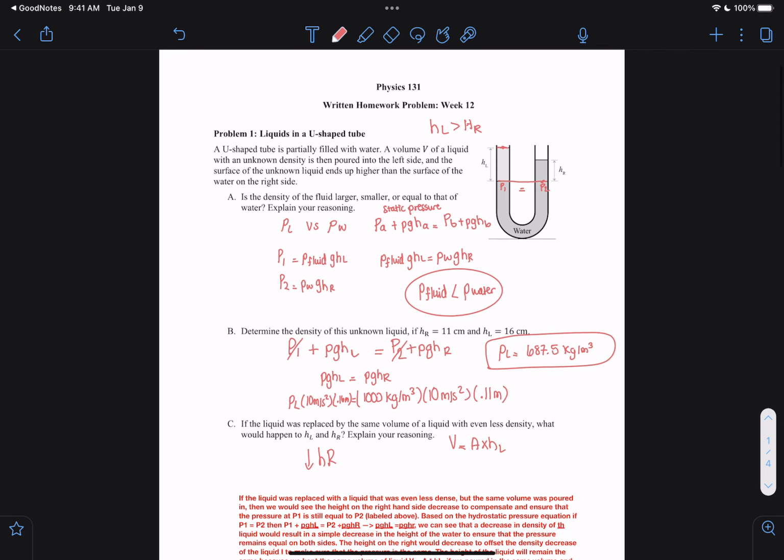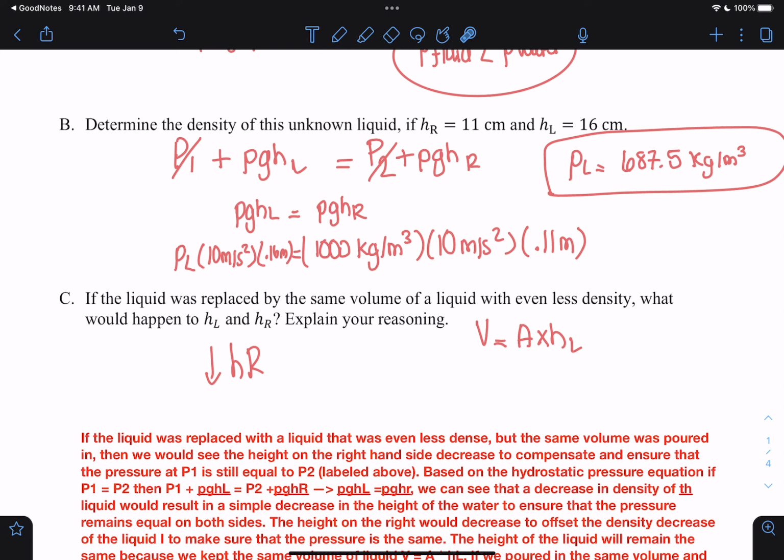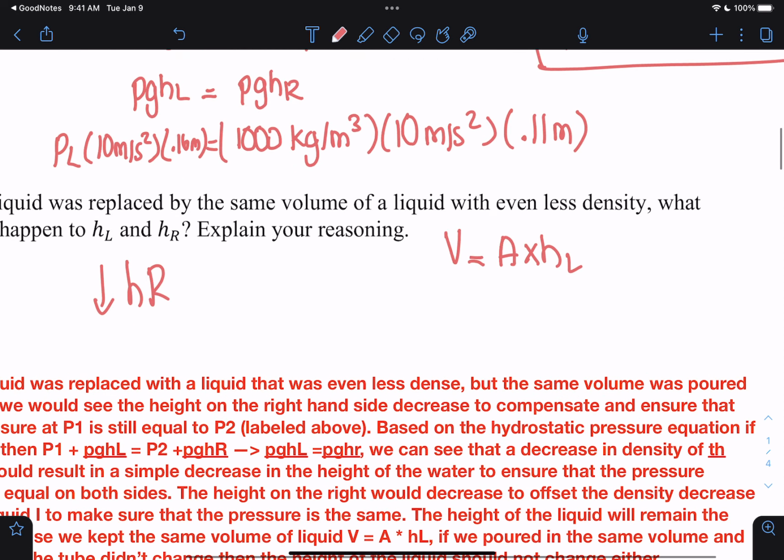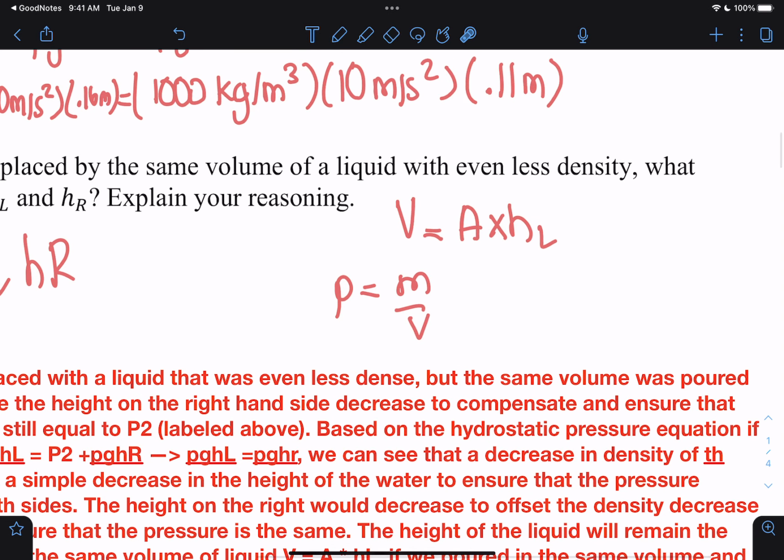Why do you think it's going to decrease, Kimberly? Yeah, so if density is increasing, remember density is mass over volume, right? If I'm just playing with the density and I made it greater, then by the definition of density I might be decreasing the volume.